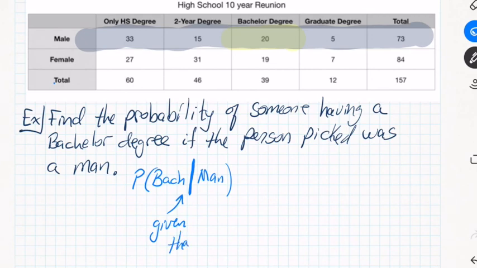And you don't have to use this, I just use it for making writing a little bit shorter. So the probability that a man has a bachelor's degree: the number of events is going to be 20. There are 20 men that have a bachelor's degree out of the men, which is 73. So the probability would be 20 out of 73.